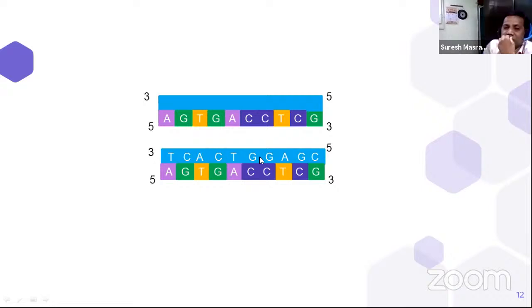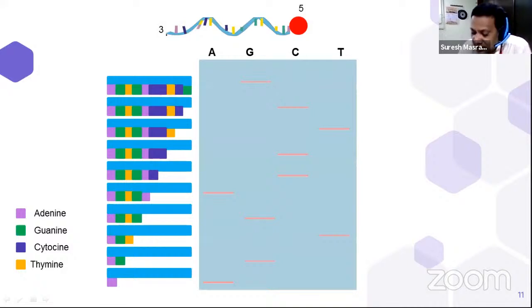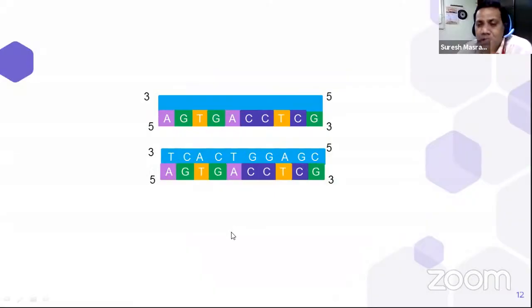From that, we compute the sequence of the single stranded DNA fragment which we put. Thus, from this, we interpret the sequence of this fragment.